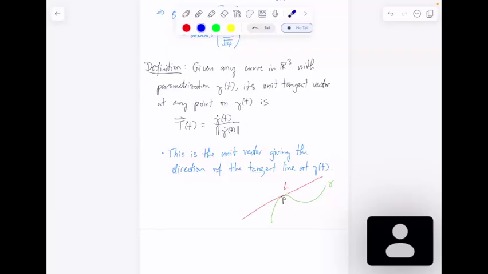So for any given curve here, I could put a lot of different parametrizations for the same curve, right? And depending on how fast I traverse this curve, the velocity is going to be different depending on parametrizations. But this unit tangent vector here is actually independent of parameterization, just like arc length, right?